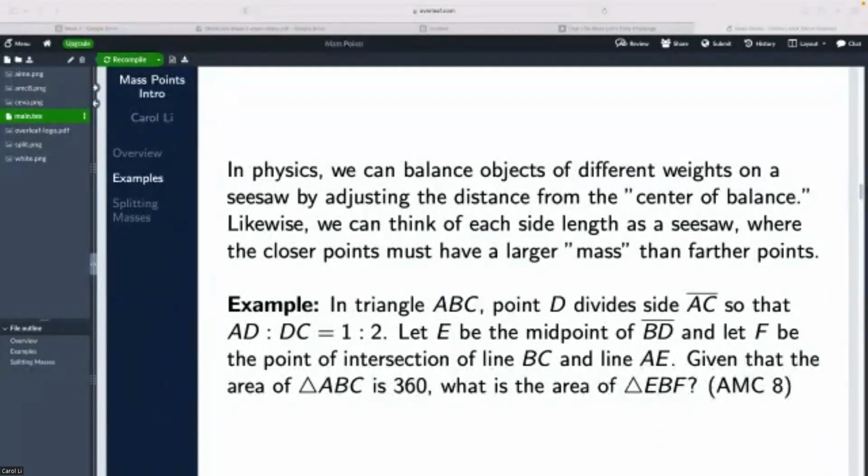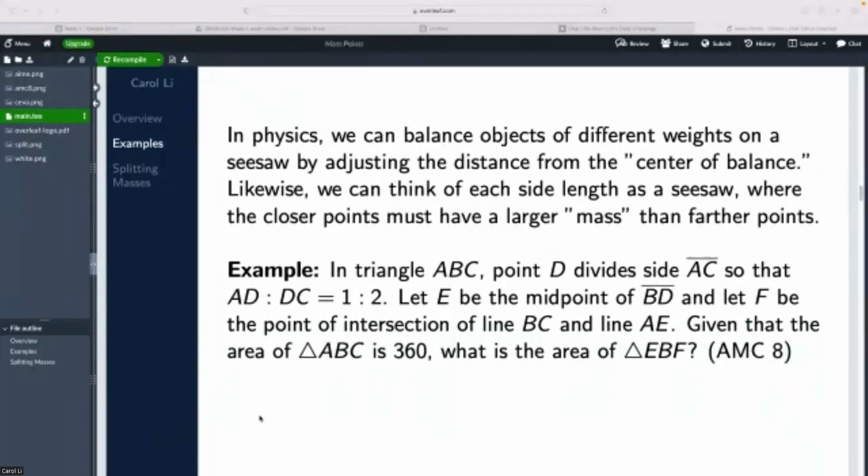You can balance things, but if you move them closer to the center, they have more or less weight, and that's similar to how these work. So we can think of a side length as a seesaw where the closer points must have a larger mass than farther points.